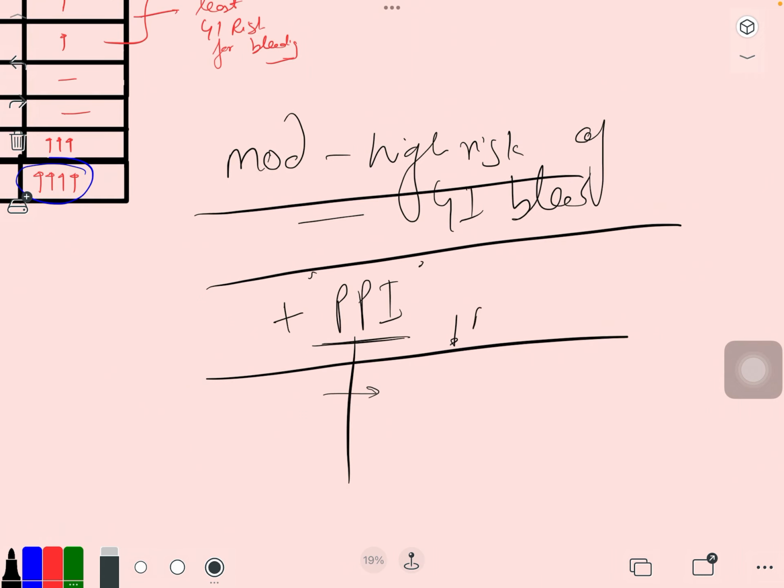So it decreases acid production. Omeprazole, rabeprazole, pantoprazole, etc. So PPIs will have a suffix of prazole.